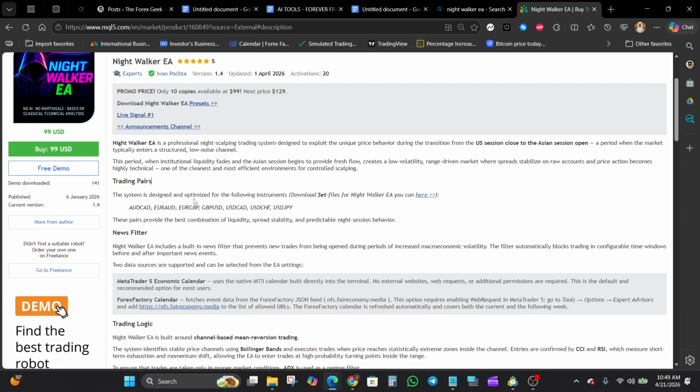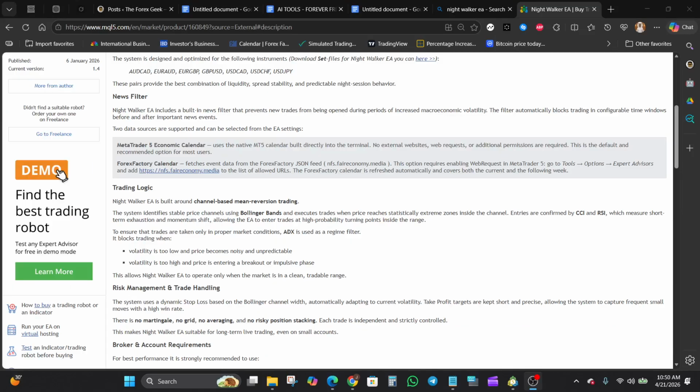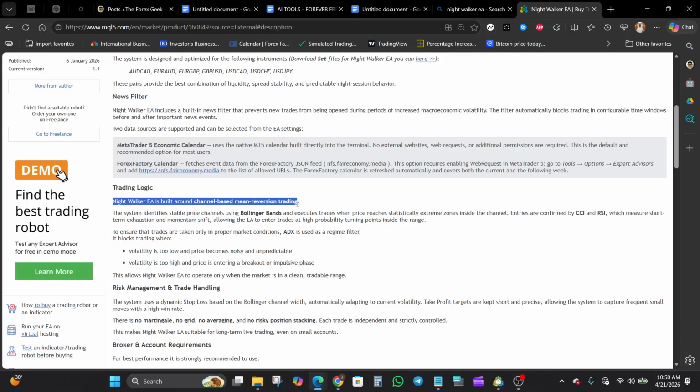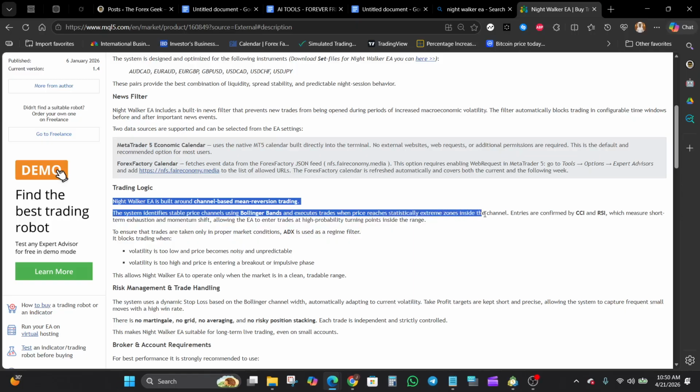First of all, this EA is built around channel based trading using Bollinger Bands. We can see that here. This is the trading logic. The system identifies stable price channels using Bollinger Bands and executes trades when price reaches statistically extreme zones inside the channel.